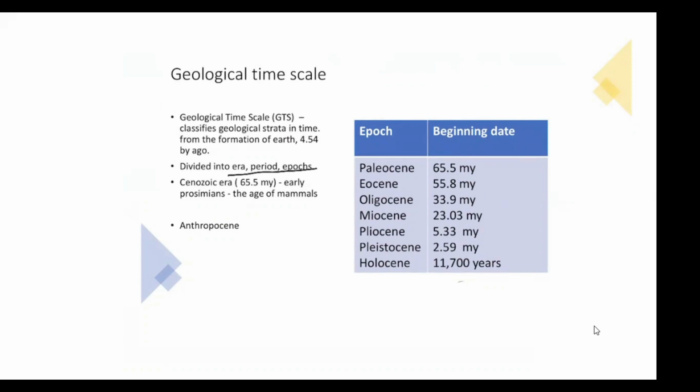This is called the geological time scale, which classifies geological strata. Earth history is traced through the material in its strata.